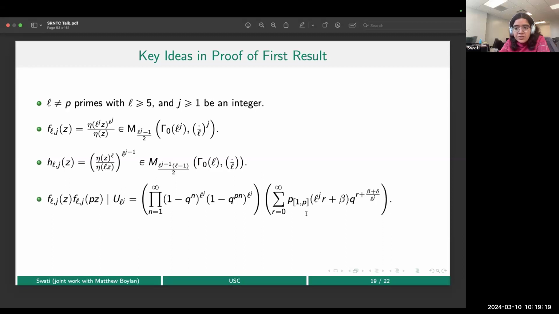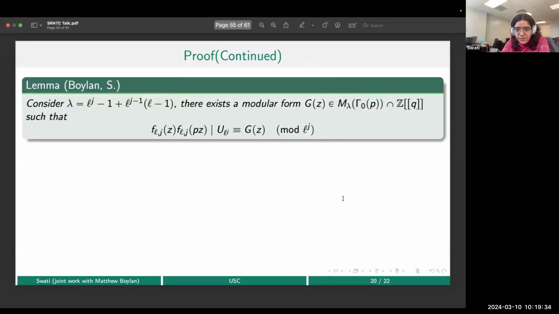On similar terms, by some work, we can also show that the order of vanishing at the other cusp 0 is also going to be beta plus delta over Lj. Now, one important lemma: if we assume the truth of this lemma, then our theorem follows.